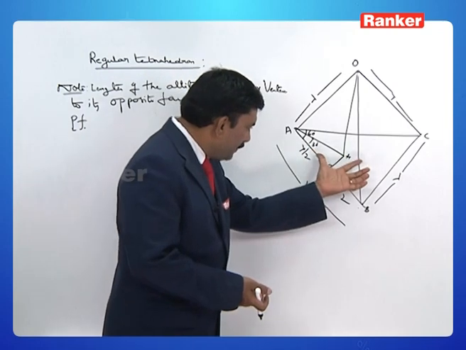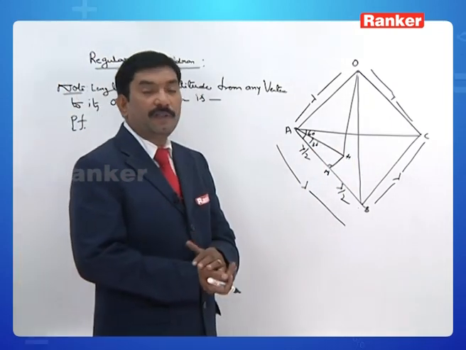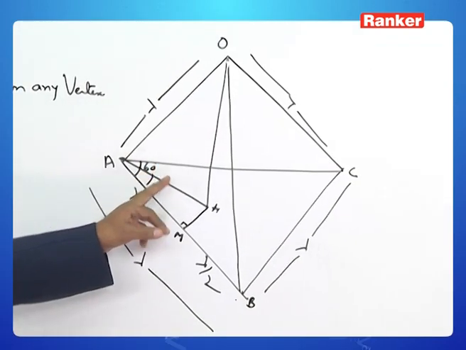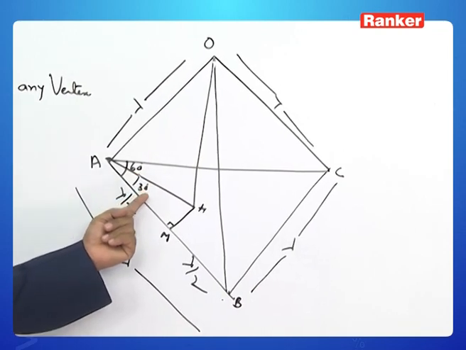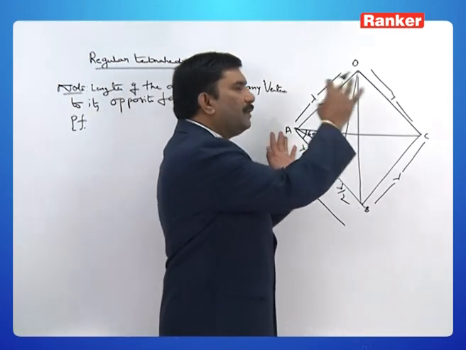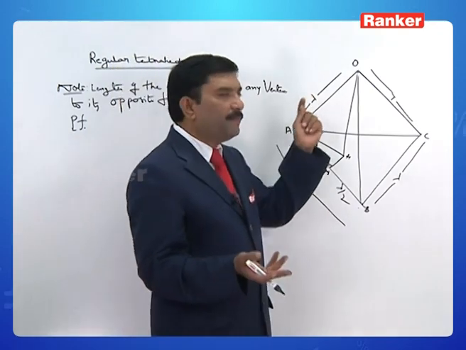This is the opposite face. A face is a triangle, meaning an equilateral triangle. Now, in this opposite face, the total angle is 60, and this is 30. In a regular tetrahedron, the lengths of all the sides are equal. What is its length? We don't need it, so I have taken it to be lambda.